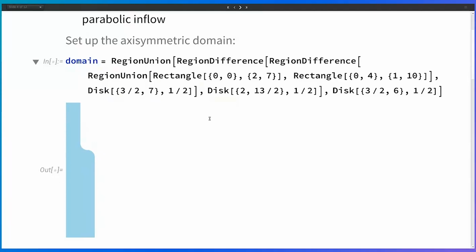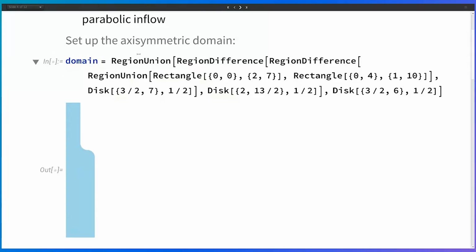This is the benefit of the axisymmetric equations, because now instead of a 3D problem, we are dealing with just a 2D problem. This allows us to reduce the number of unknowns in our equations, so the equations are solved faster, and they require less memory to solve.